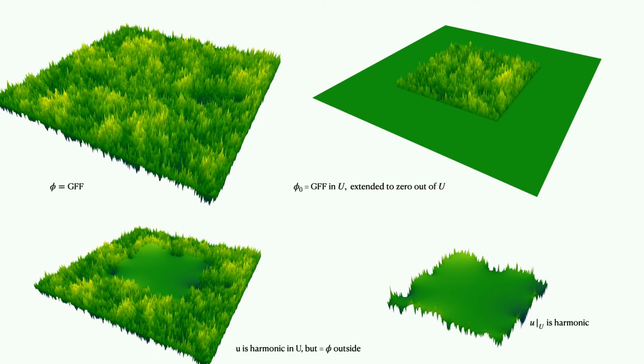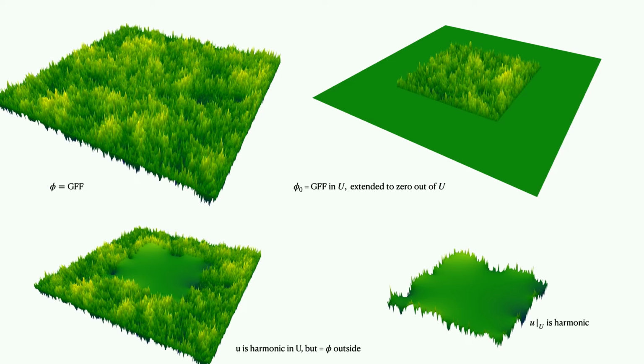So because it's the rest, u actually coincides with our original GFF outside of the square, and inside that square, it is given by a harmonic function. So this kind of screen encapsulates what is the Markov property of the Gaussian free field.